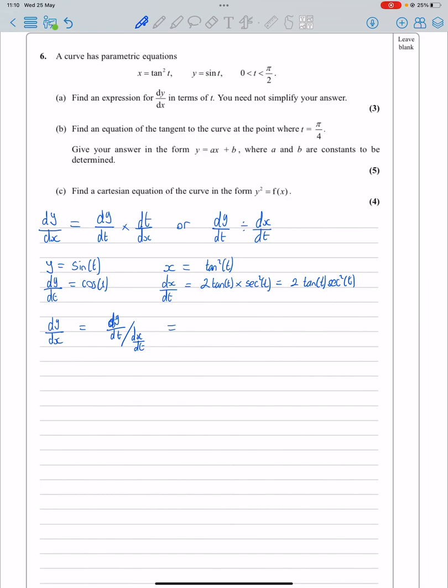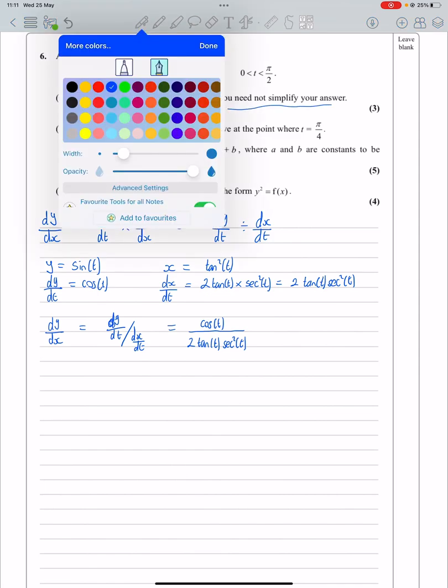So dy/dt is cos t, and that's all divided by 2 tan t sec squared t. Okay, so that's part A done. It says you need not simplify your answer, so why would we? You don't get any extra marks for it.